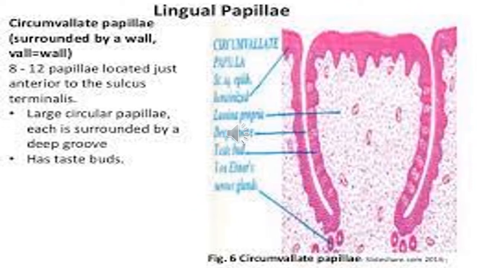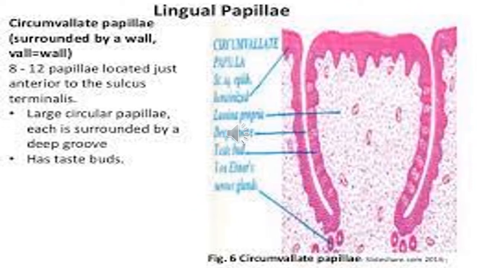The circumvallate papilla, about 8 to 12 in number, are located just anterior to the V-shaped sulcus terminalis. While the foliate papilla are located on the side of the tongue as parallel low ridges and are separated by the mucosal furrows.